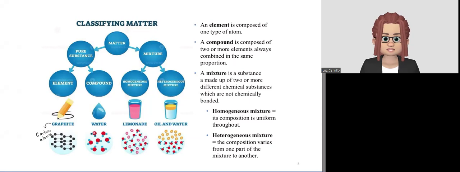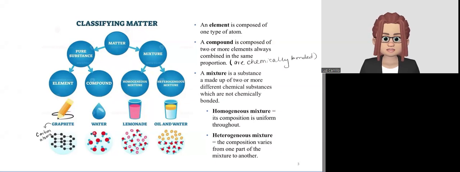A compound is composed of two or more elements that are always combined in the same proportion. But it is important to note that these elements that form a compound are chemically bonded to one another.